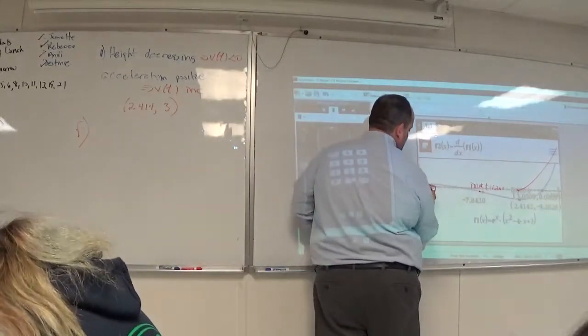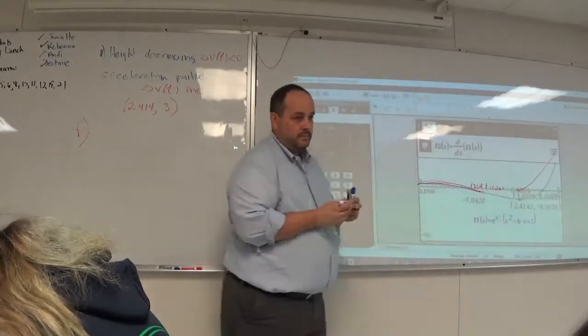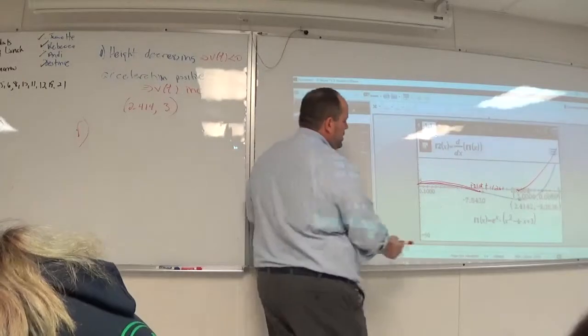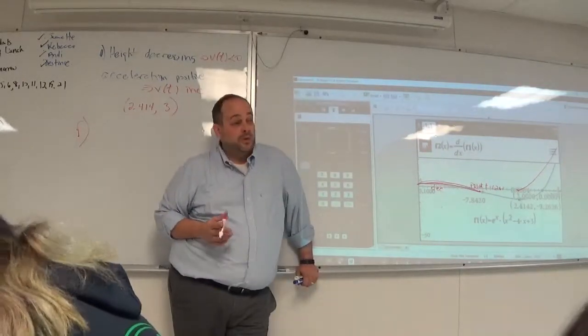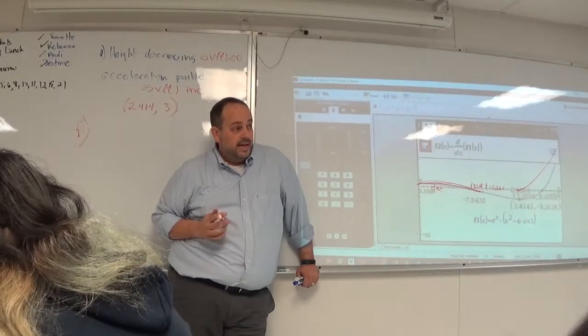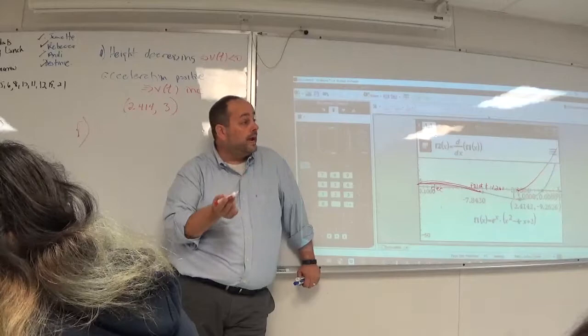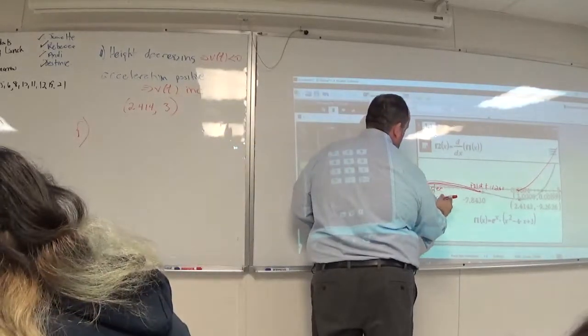So there's two things on this interval that are true about velocity. One we've already talked about, we said decreasing. The second one has to do with the concavity, the way the graph is bending. What kind of concavity? Concave down.